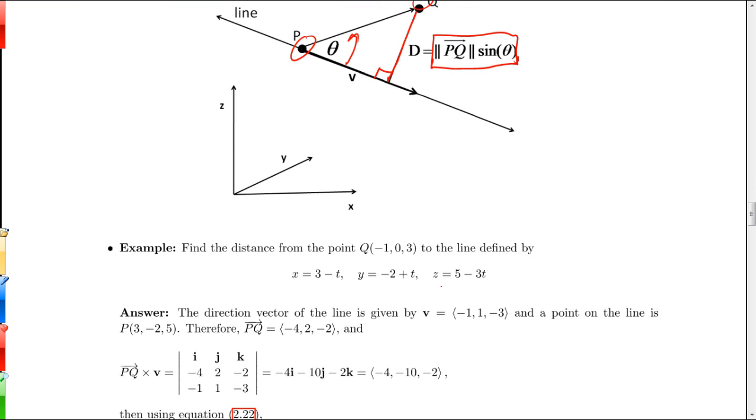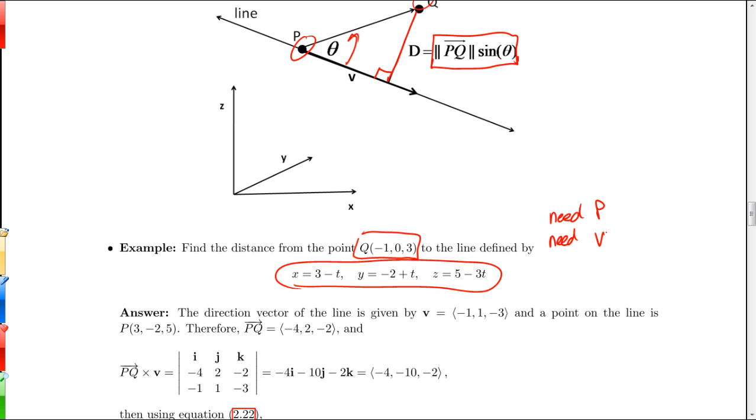So let's do a little example here. Suppose I have a point Q, and I want to find the distance from Q to this line. Well, in order to do that, I need to get P, which is a point on the line, and I need to get V, which is the direction vector. So P is easy to get. I just come back down to here, and I set T equal to any number I want.